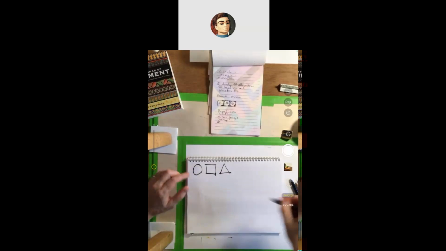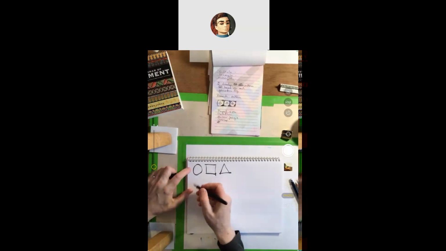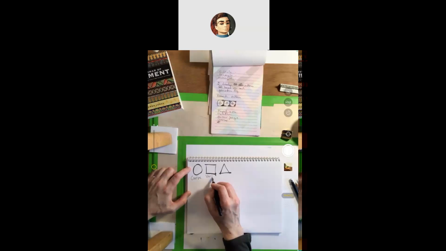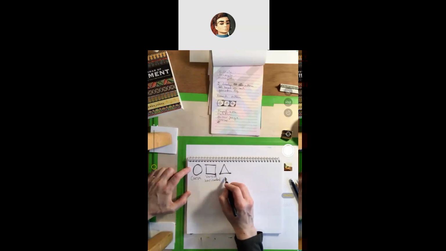The circle gives you the curve, the rectangle gives you vertical and horizontal, and the triangle gives you the diagonal.